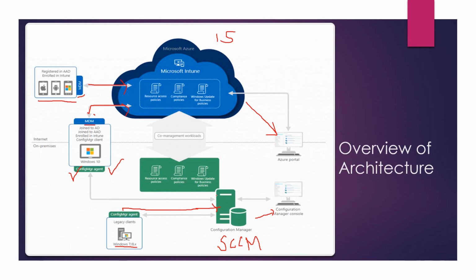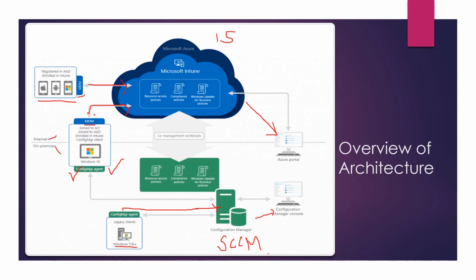This device also has connectivity to the internet, and therefore we have enrolled this device to Intune as well. Therefore, this device is being managed via both. It has two openings. Okay. All right. So over here, you can see that it has access to the internet as well as to the on-premise.